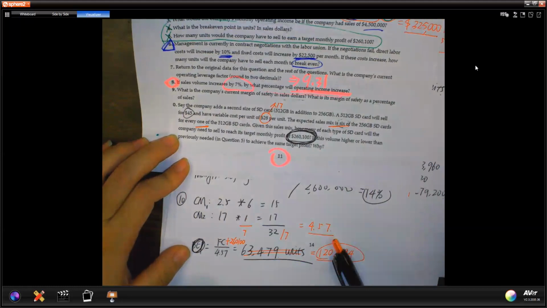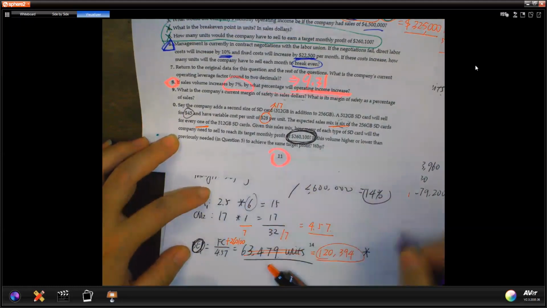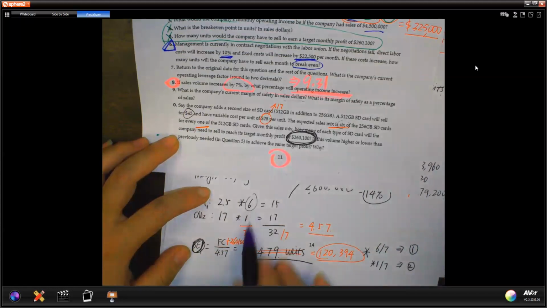But out of that, we take 6 out of 7 to get our first product, and 1 out of 7 to get our second product, because out of 7, your first product is counted as 6 and the second one is 1.